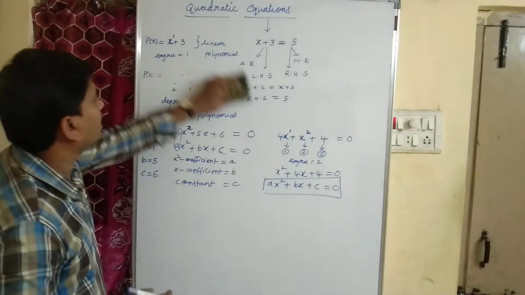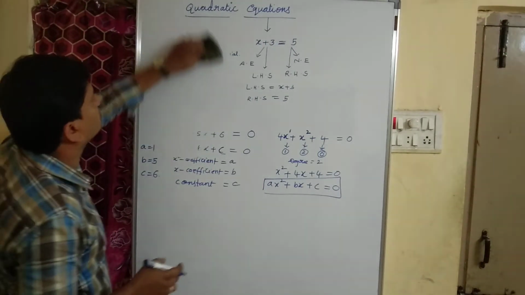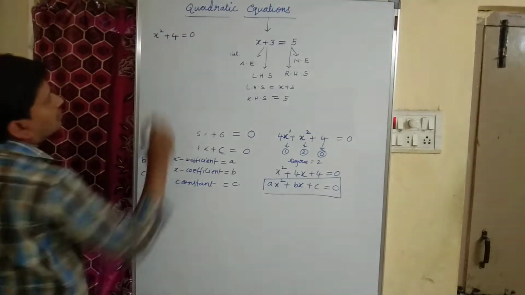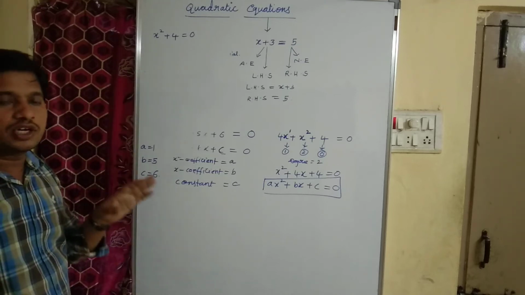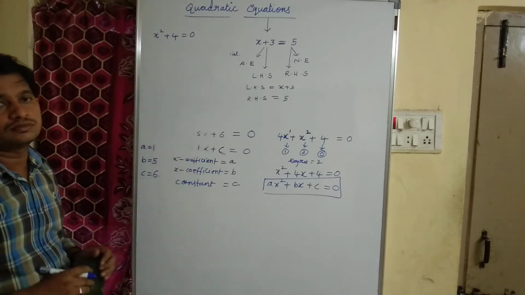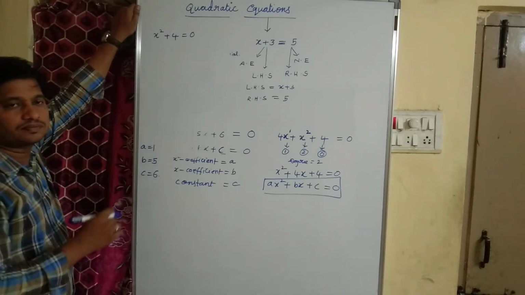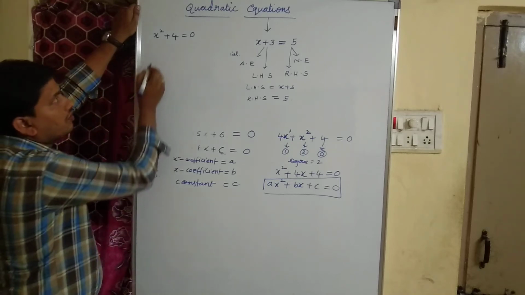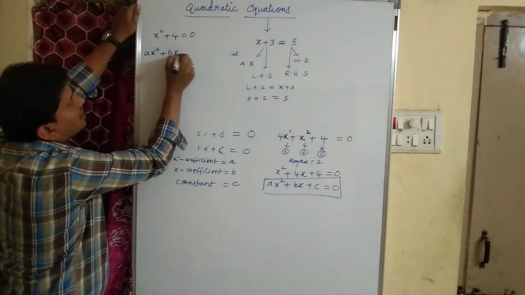Now children, can you say me, is it a quadratic equation or not? My question is x square plus 4 equal to 0, is it a quadratic equation or not? Children, is it in the form of ax square plus bx plus c equal to 0?